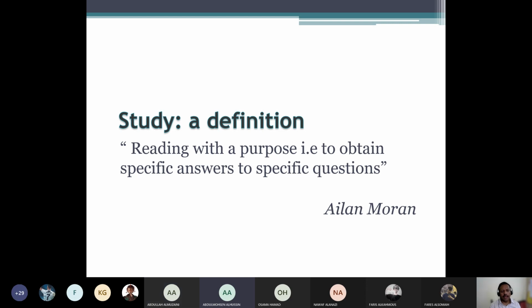No. Learning, as I told you in the previous slide, is comprehensive. It requires knowledge also, attitudes, behaviors, and skills, and it will change your way of thinking. This is called learning. Whereas studying is only finding out the answer to a particular question. One specific question in my mind: how can I join a Teams meeting without a link?